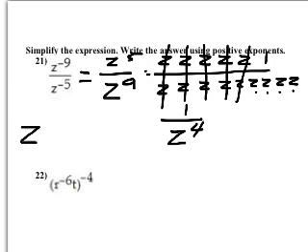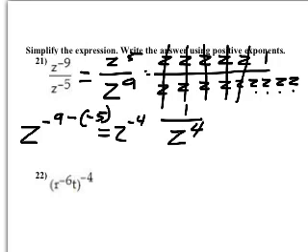So z to the negative 9th minus a negative 5th would equal negative 9 plus 5, which is negative 4, so it would be z to the negative 4. And as you know, that equals 1 over z to the 4th. So these look scary, but they're really very simple. You just need to do a bunch of them to get the hang of it.